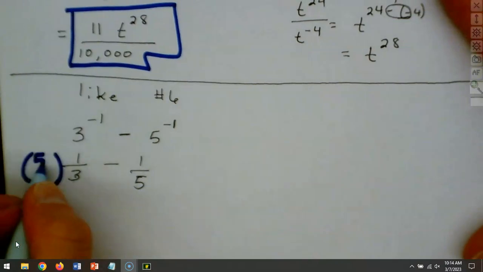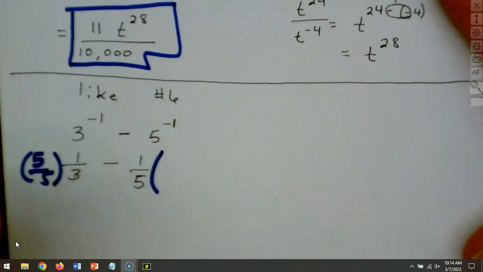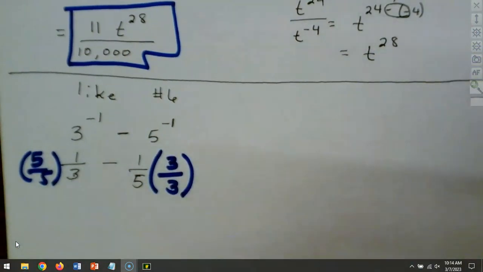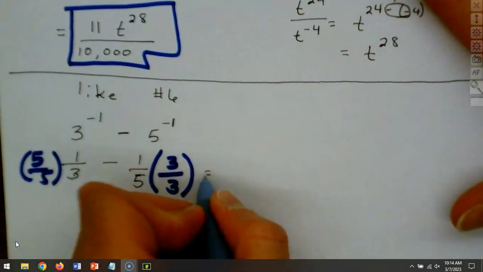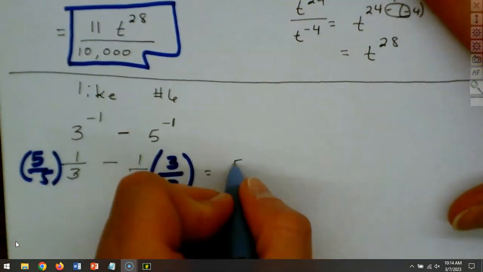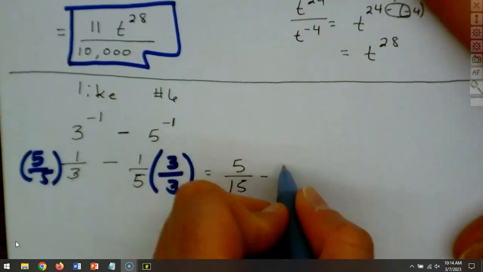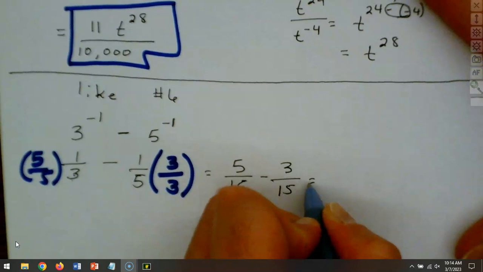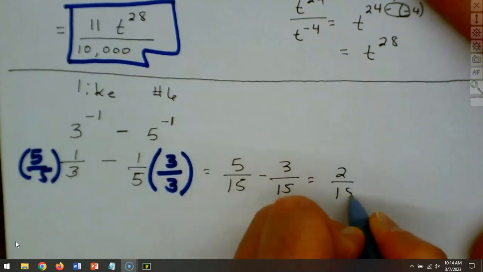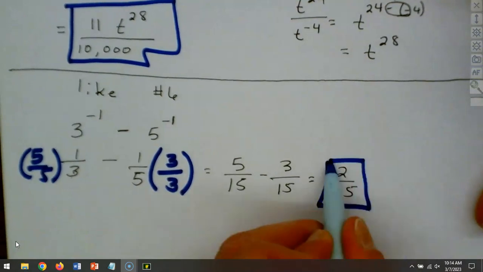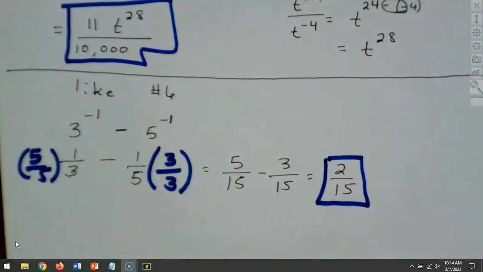So this one gets a 5/5, and this one gets a 3/3. What am I left with? Well, 5 times 1 is 5, so that's 5/15 minus 3/15, which is 2/15. That is very, very similar to question number 6. Different numbers is the only difference.